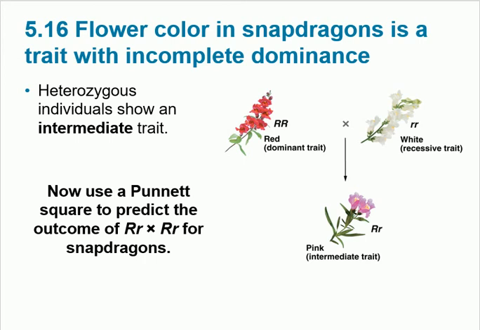If this was complete dominance, you are not going to see any white or anything else. Everything will be like this, right? But this didn't happen. Okay? In this case, the snapdragon flowers showed that red with white give you pink. Isn't the pink in between the red and the white?